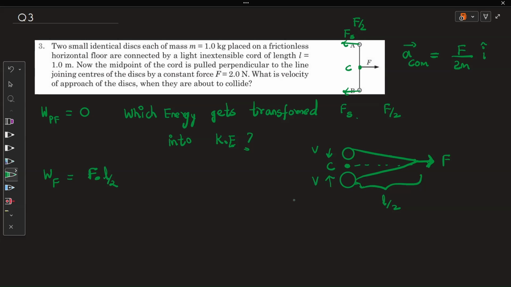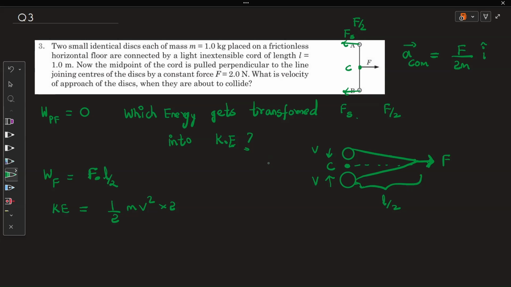Both are symmetric, so the kinetic energy of the system is each body's (1/2)mv squared, into 2.